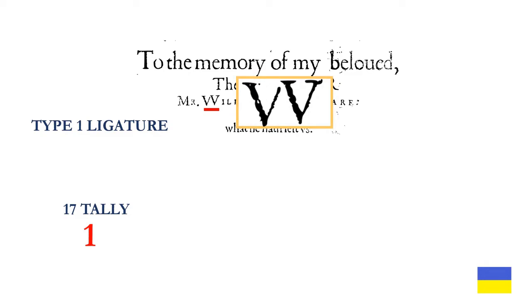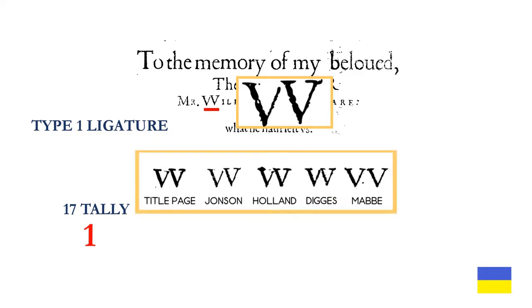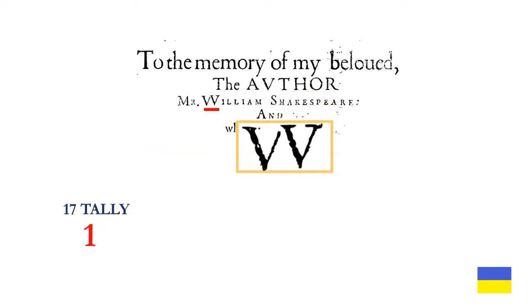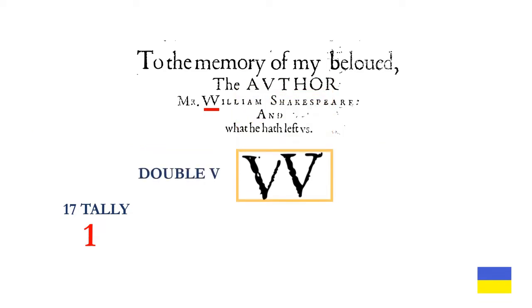As you can see, the W in William is actually two V's, closely spaced together. There are three other double V's in the front matter, which leads me to suspect that we are to see that as a double V.